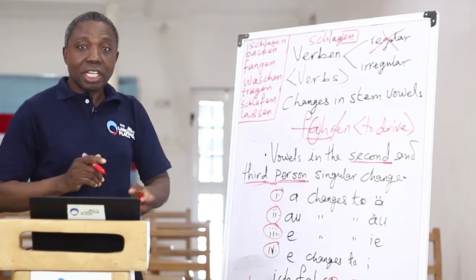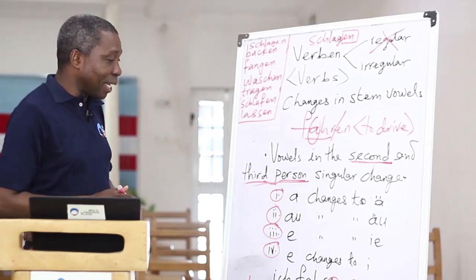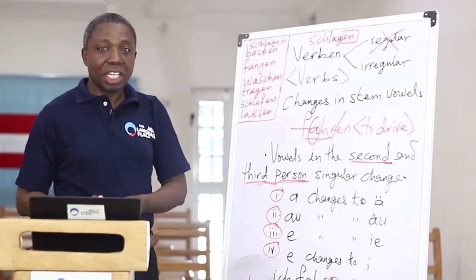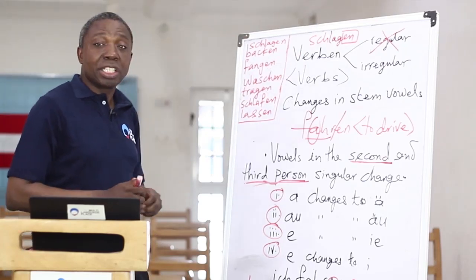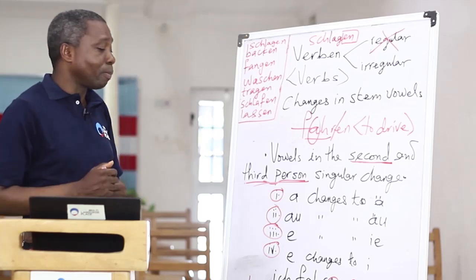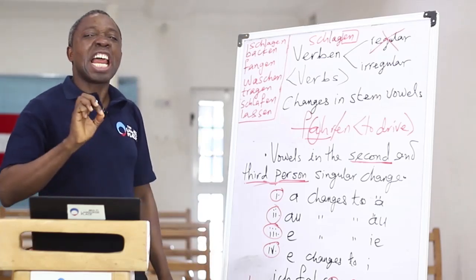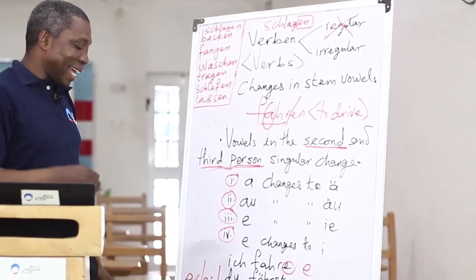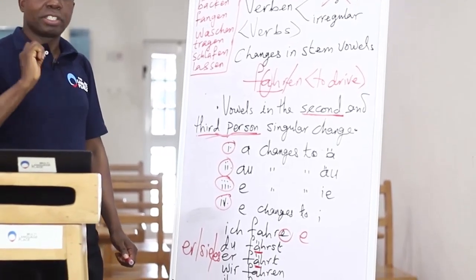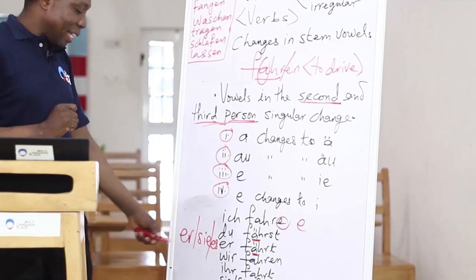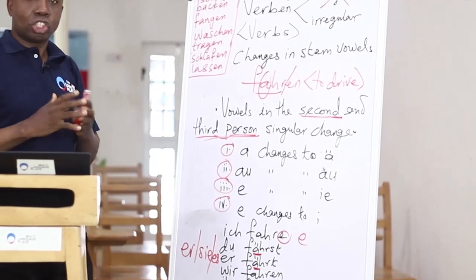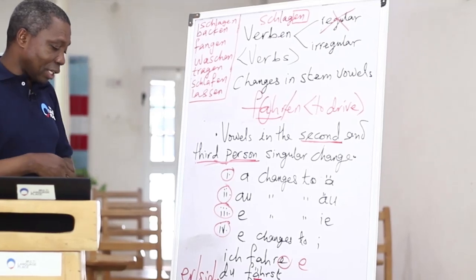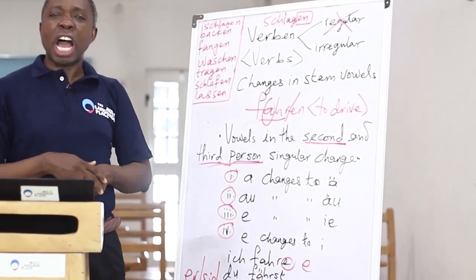So you can now guess with me what that conjugation will look like. Ich schlage, du schlägst, er schlägt, wir schlagen, ihr schlagt, sie schlagen.